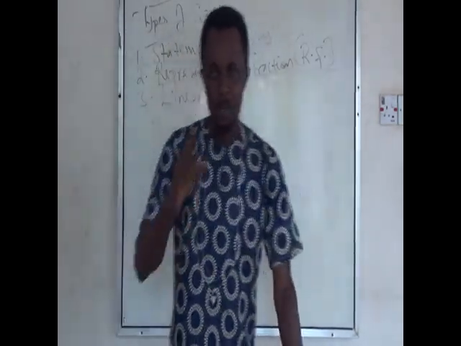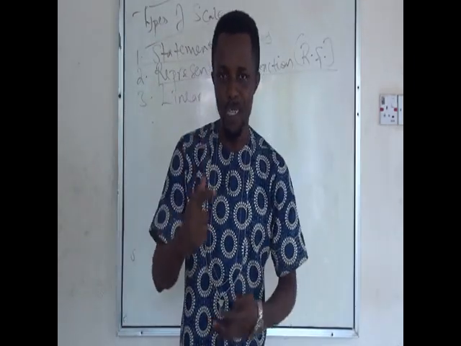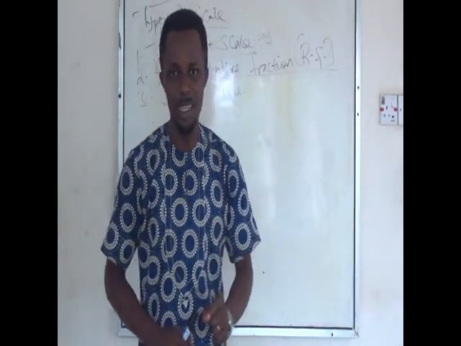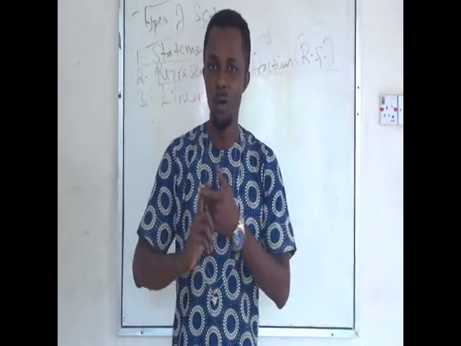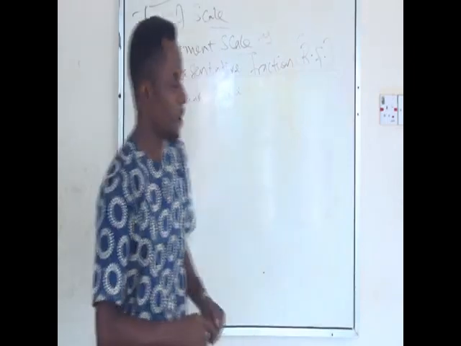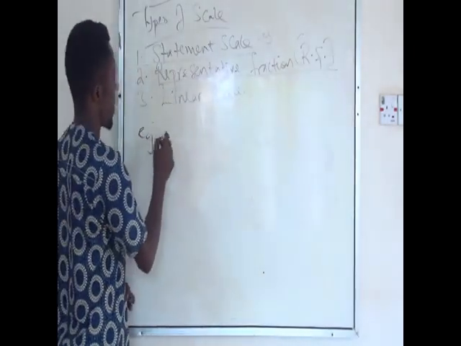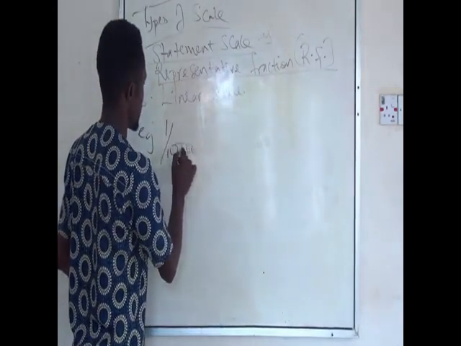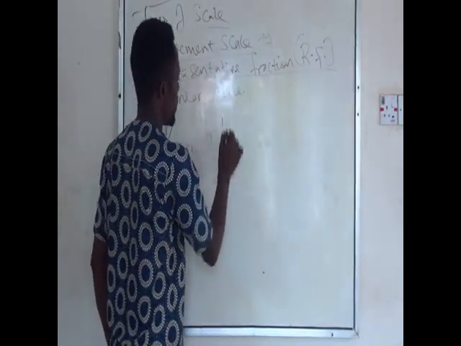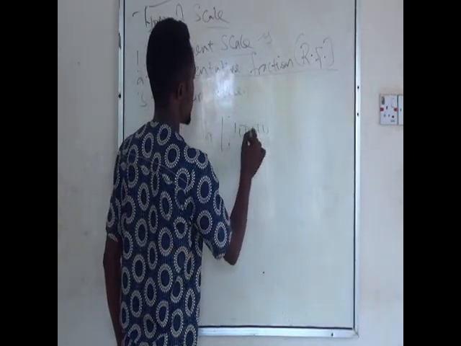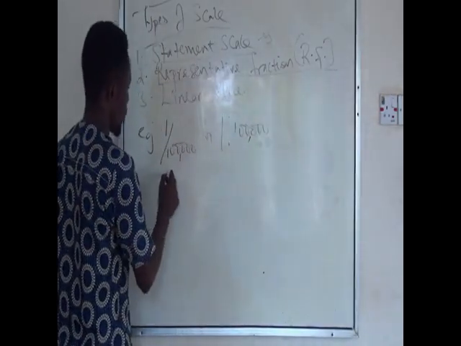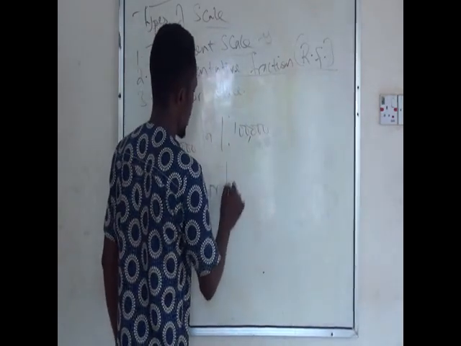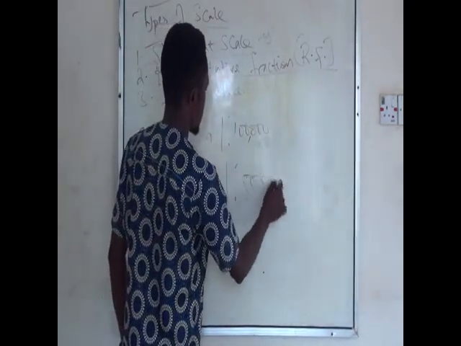We said a representative fraction expresses the relationship between the distance on the map and the actual distance in form of a fraction or ratio. Example: 1 over 100,000, or 1 ratio 100,000. 1 over 50,000, or 1 ratio 50,000.